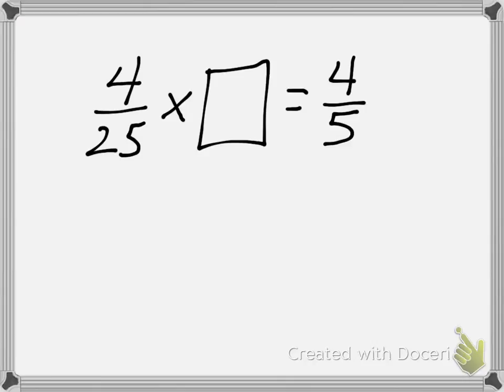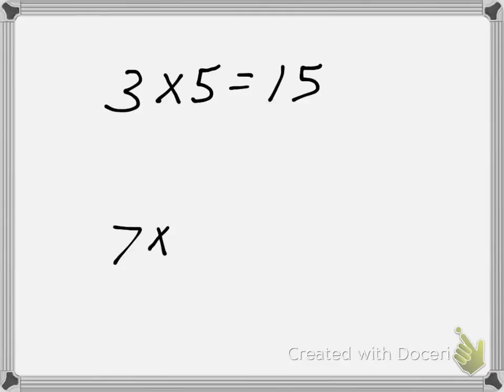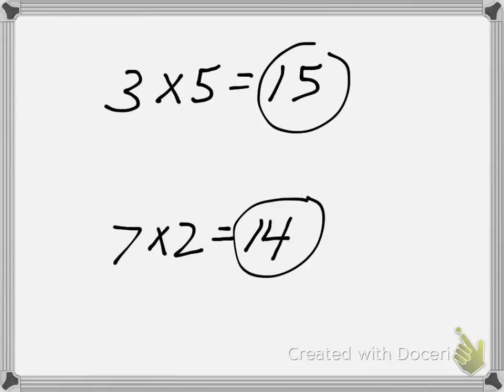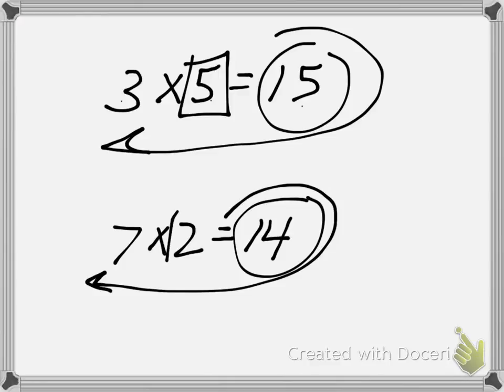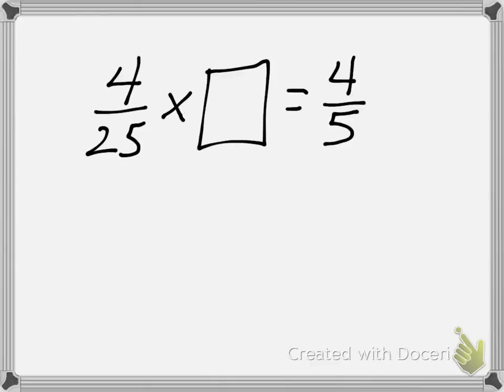Now usually when we do a multiplication problem, such as 3 times 5 equals 15, or 7 times 2 equals 14, the product is the larger number. So if we're missing a number here, we would go backwards and divide. 15 divided by 3 would be 5. So since we have the product, we're going to divide to find a missing factor.